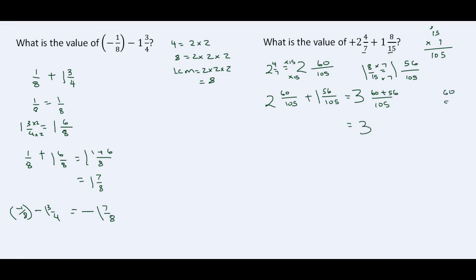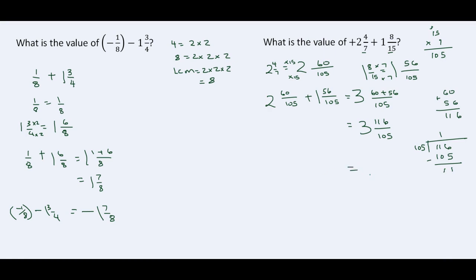Add 60 and 56 on the side here. 0 plus 6, we have 6. 6 plus 5, we have 11. So it's going to be 116/105. So this right here is an improper fraction. So what we're going to do with that is 116 divided by 105 is going to give us 1. Subtract 105 and we have 11.